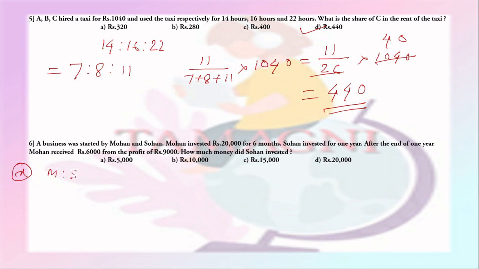Mohan is to Sohan equal to 20,000 of Mohan for 6 months. So 20,000 into 6 is to 12 months for Sohan, that is 12 into x. 10,000 is to x.